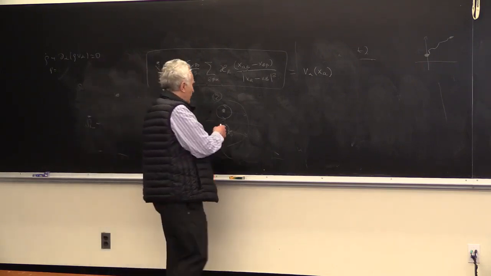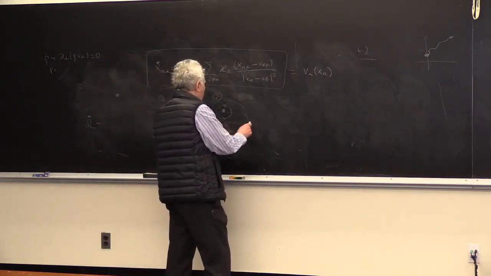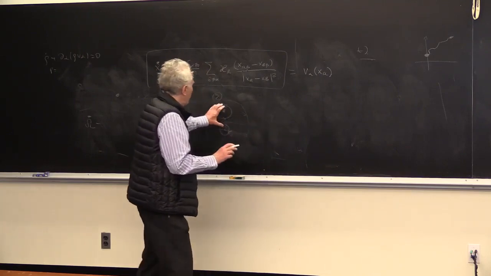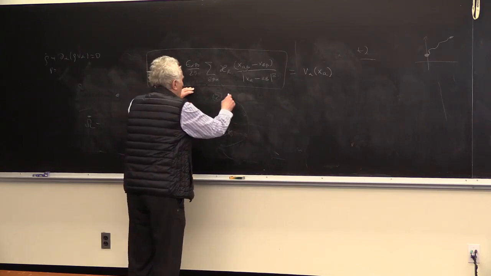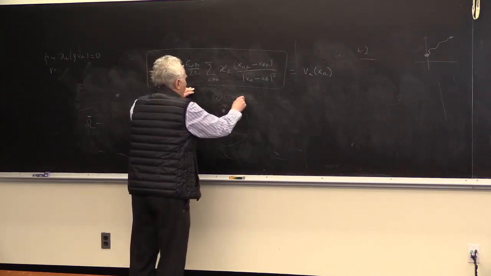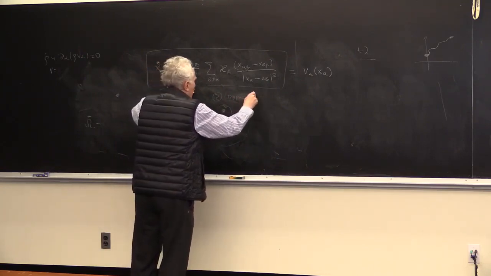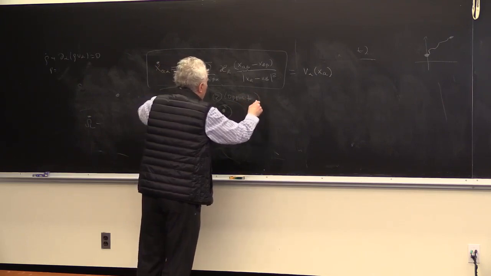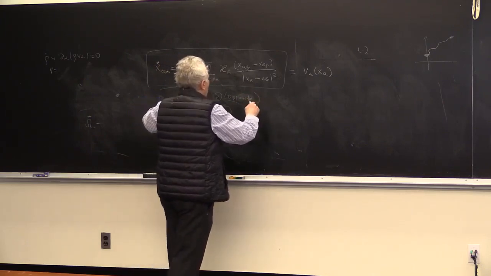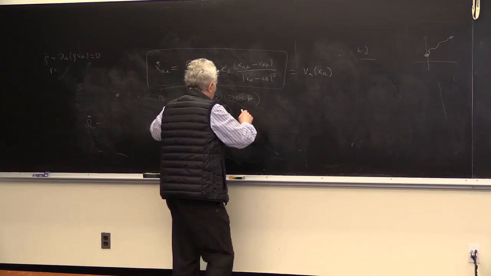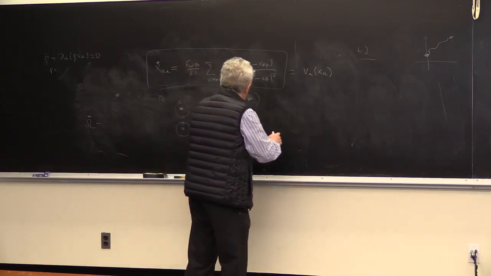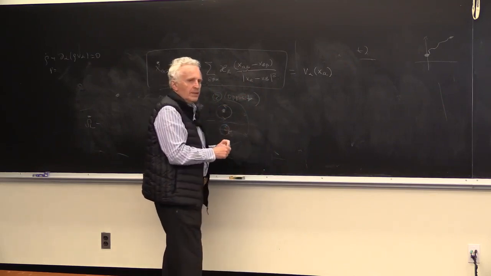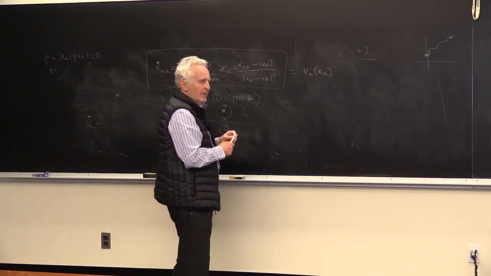What do you think is the statement about this case 2, opposite vorticities? They will actually move, and how will you find the velocity of their motion?